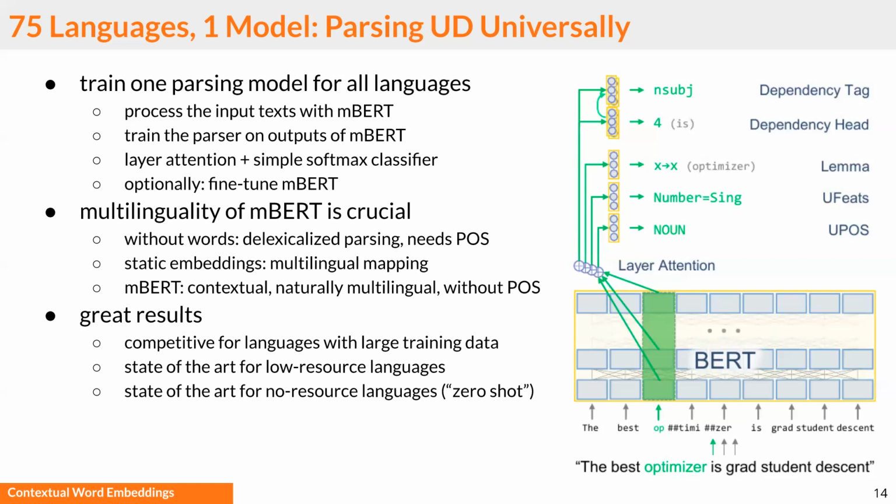So this kind of replaced most of the approaches that we've seen before because it's easier to do, more universal. You have just one model for everything. And I would say typically when you want to do something multilingual, then using multilingual BERT is a good first thing to think about whether it makes sense.